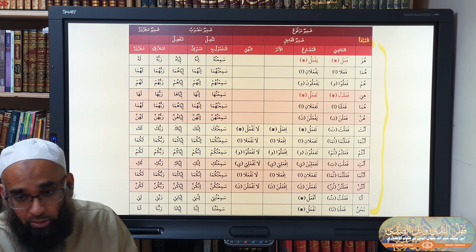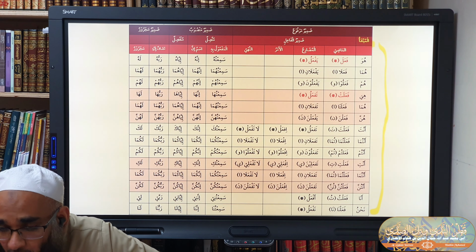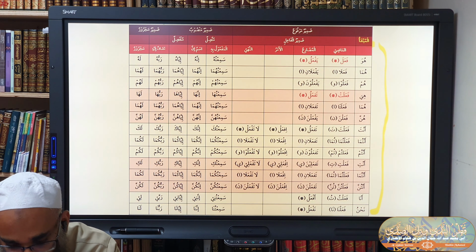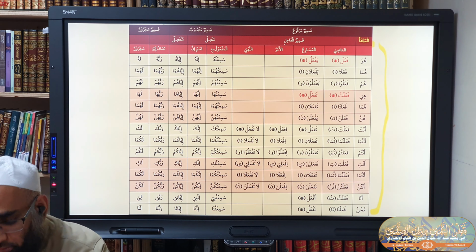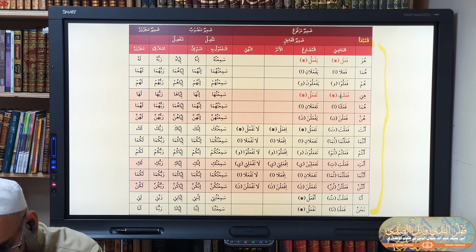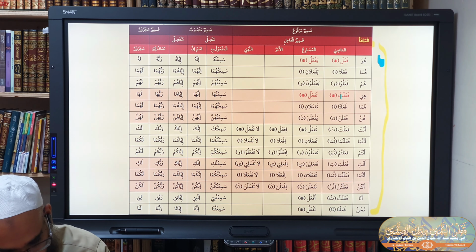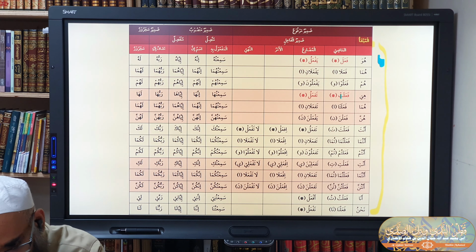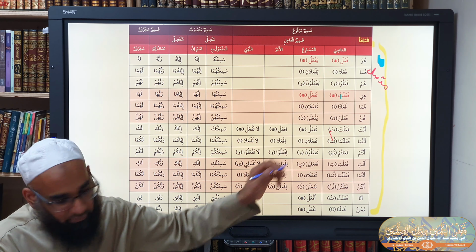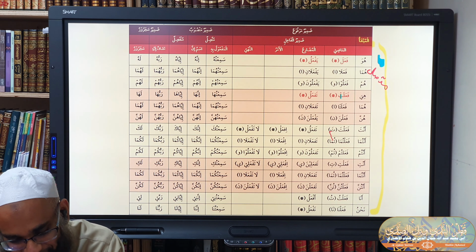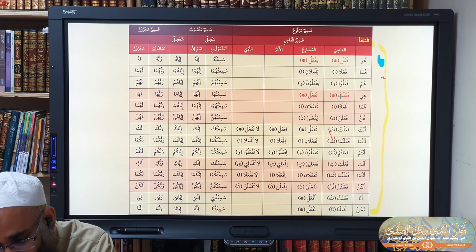Now are these muttasil or munfasil? Are they attached to anything or do they come on their own? They're munfasil. Sorry, I said muttasil, it's going to be zamir munfasil.